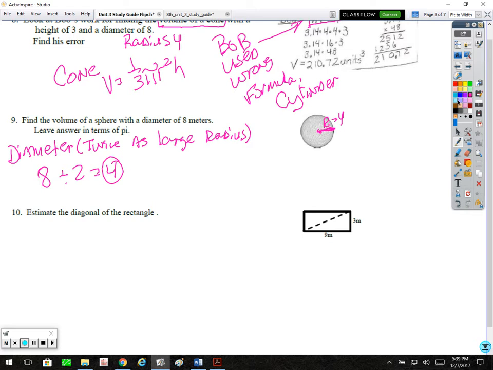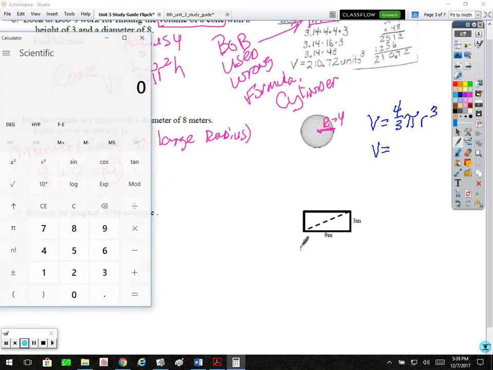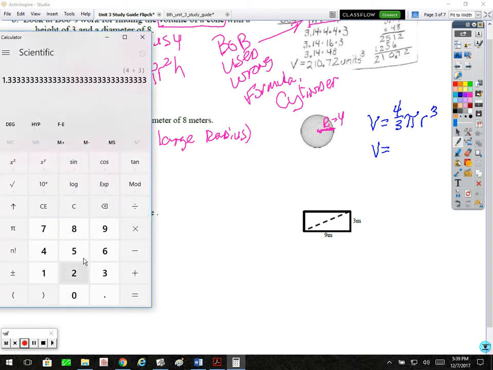All right. So let's find the volume of this sphere. Let's change this color real quick. So I have volume, and remember, for a sphere is 4/3 pi radius cubed. Okay, it says leave your answer in terms of pi, so we're not going to put pi in our calculator. So volume is going to equal, let's see, 4/3 times 4 to the third power, which is 4 times 4 times 4. 85.33.